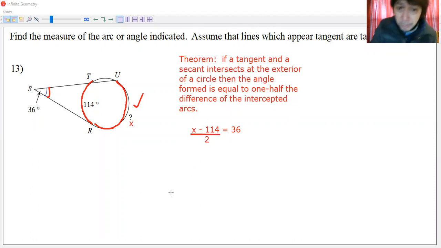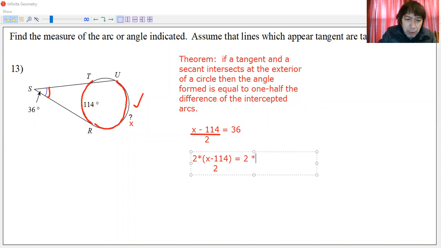All right, so multiply both sides by 2. We start with 2 times (x minus 114) divided by 2, and this is also times 2, so 2 times 36.